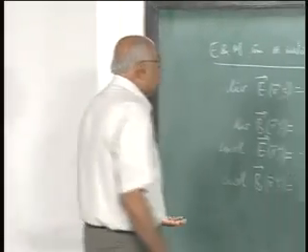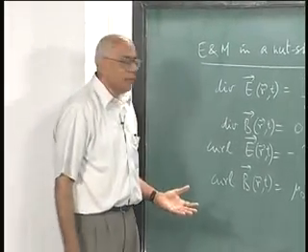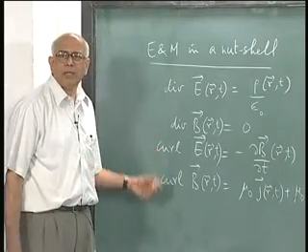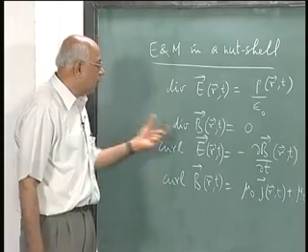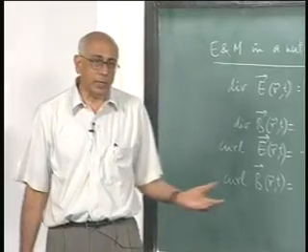And how many of them are there? How many equations are there? There are 8 equations, because these two are vector equations and these are scalar equations. So if you go by components, there are 8 equations, but then that is an embarrassment of riches. You have 8 equations and only 6 unknowns. In general you do not have a solution then. Too many equations, too few unknowns, no reason why there should be any solution at all.